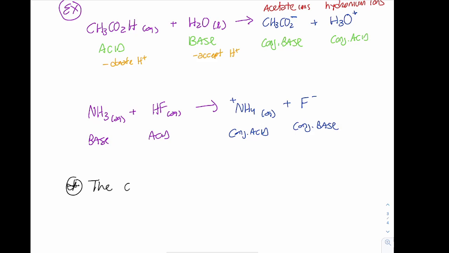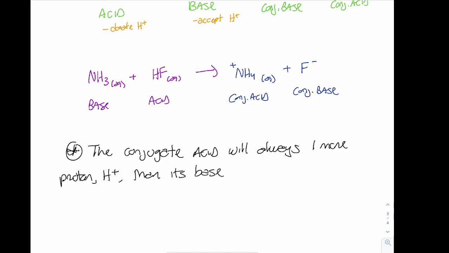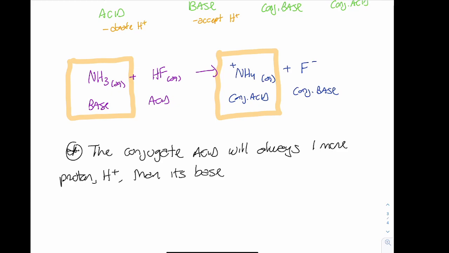The conjugate acid will always have one more proton than its base. Right? If I go back up and I look at these guys, here's the base and its conjugate acid. Remember, conjugate acid-base pairs are only going to differ by 1 proton, but they can differ by having an additional proton or having one less proton, right?